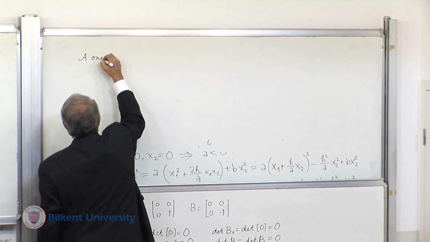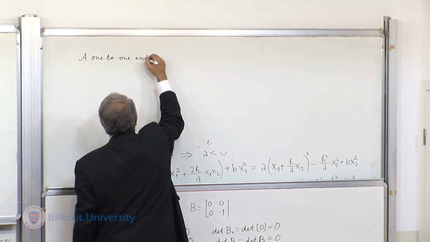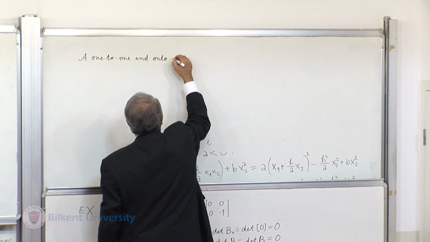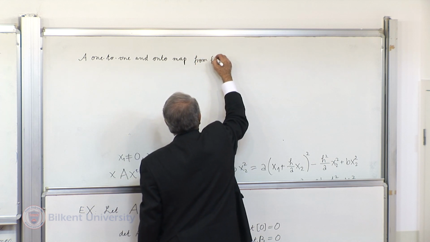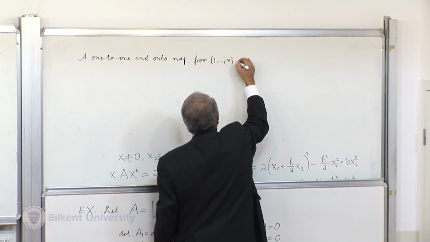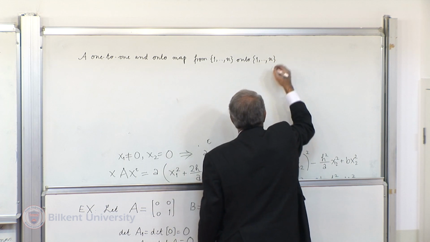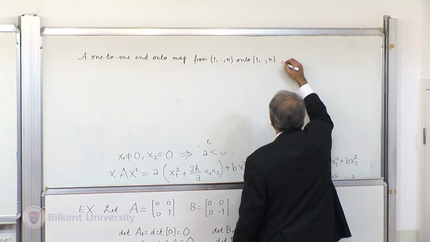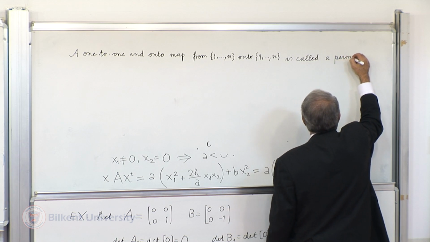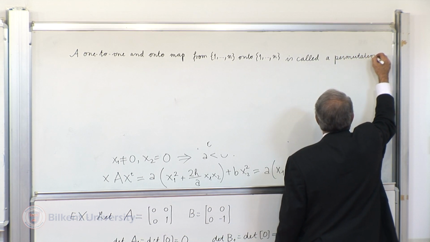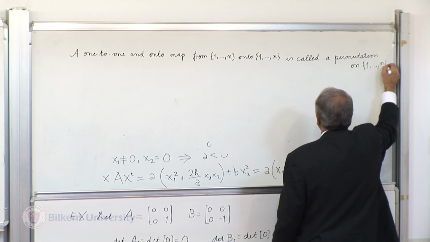A 1-to-1 and onto map from 1 to n onto is called a permutation on the set from 1 to n.